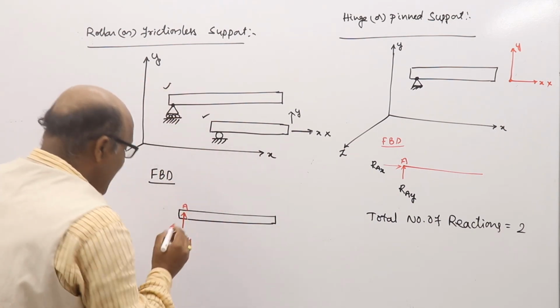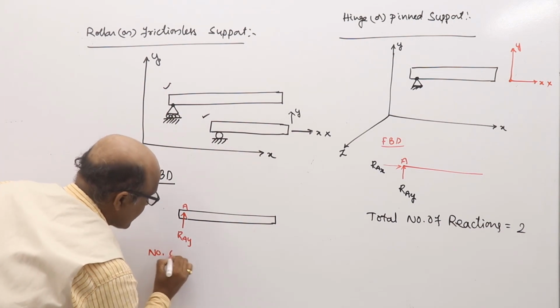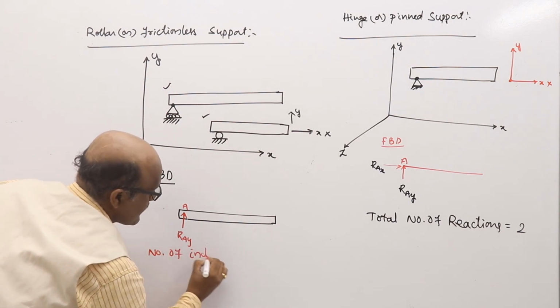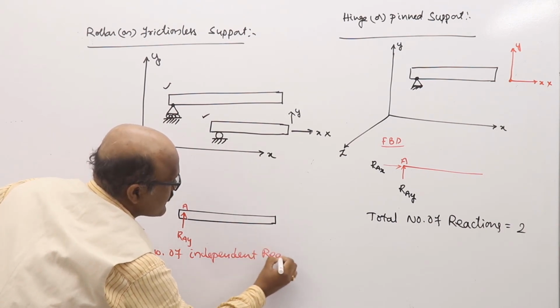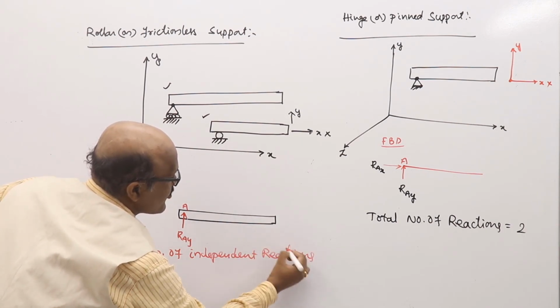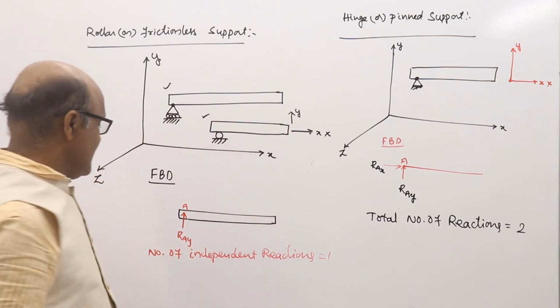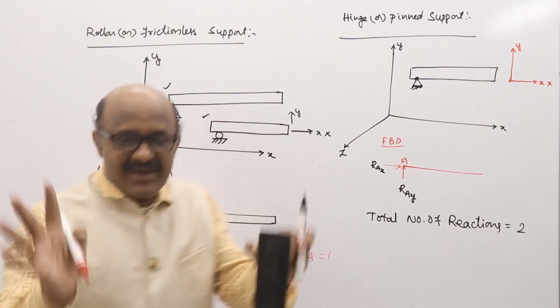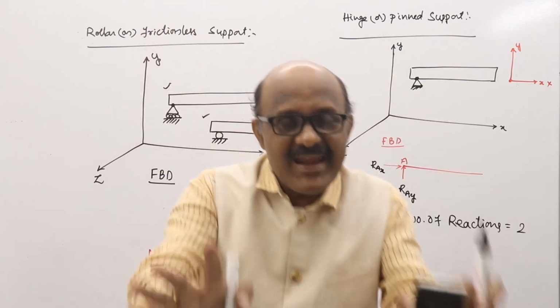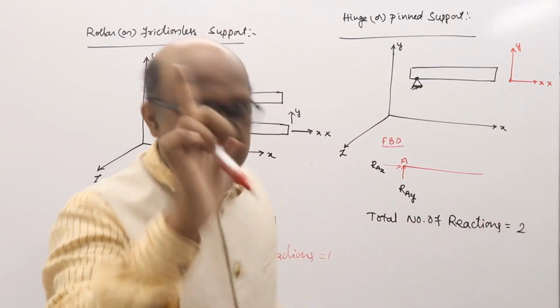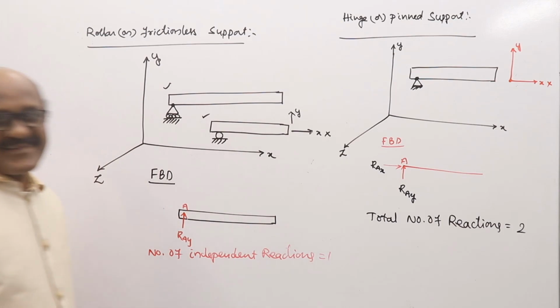So the number of independent reactions is equal to only 1. Whenever roller support appears in our problems, we have to put only one reaction.